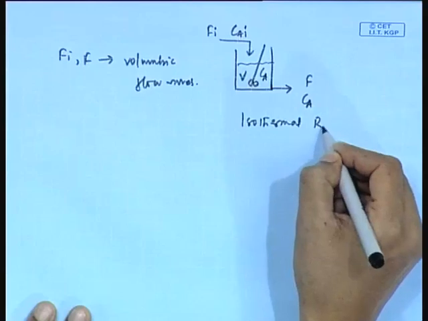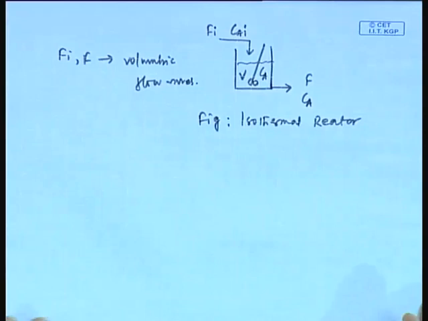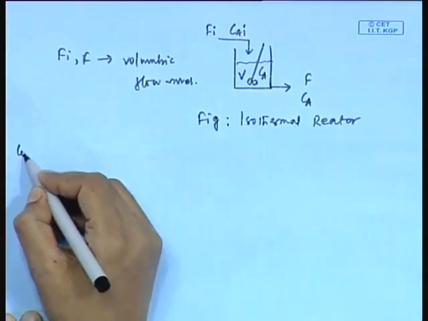This is a schematic representation of an isothermal reactor. What will be the component balance equation?